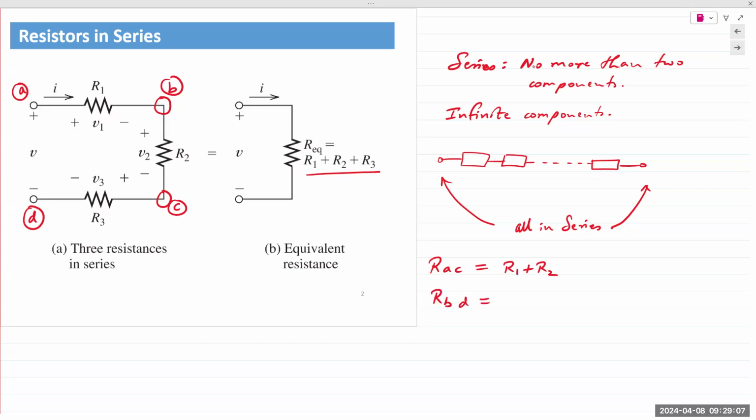RBD would simply be R2 plus R3. And REQ or RAD is simply R1 plus R2 plus R3. Easy enough? You all remember this, hopefully, right?